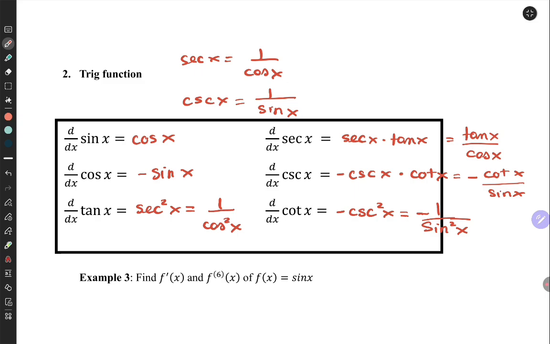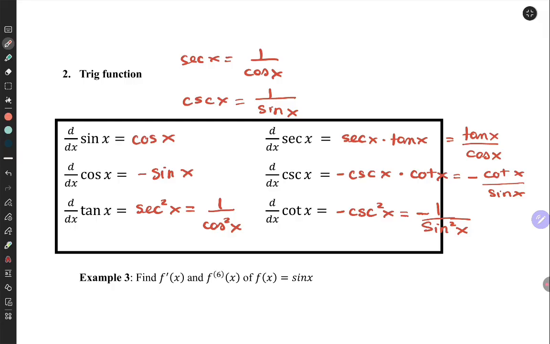Even though there are a bunch of formulas, for the sake of calculus you should memorize these four only.